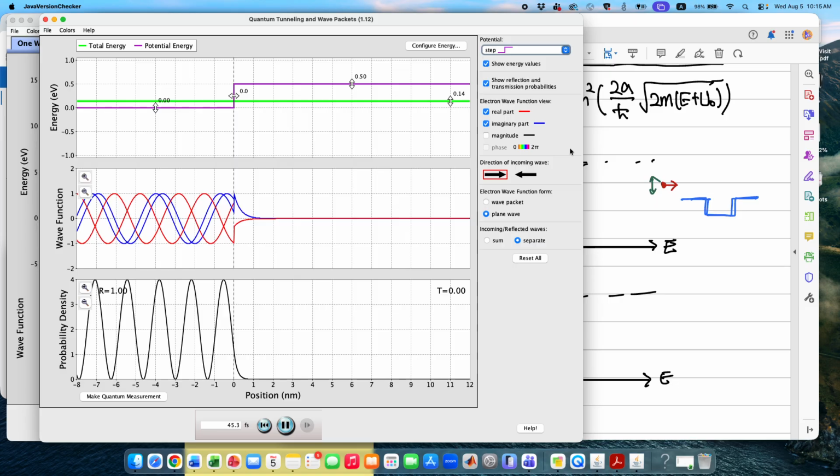Let us look at this part. We are sending the particle from left to the right, and now this particle energy is below this cliff height. When we send the particle from left to right, for a bulk scale object, what did you expect?